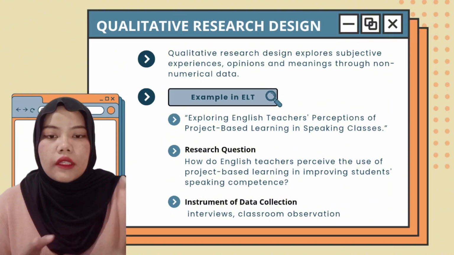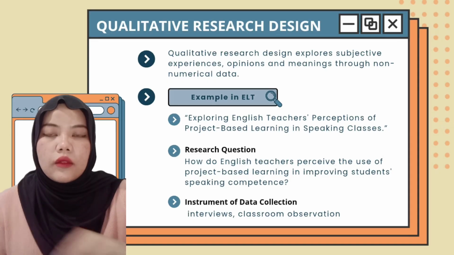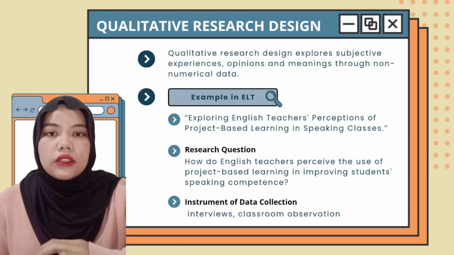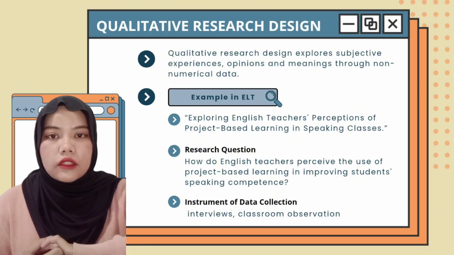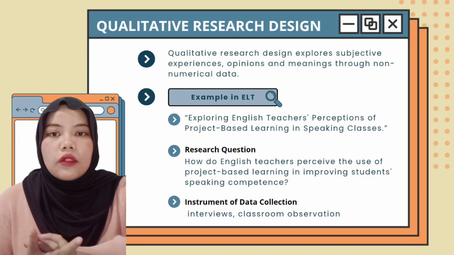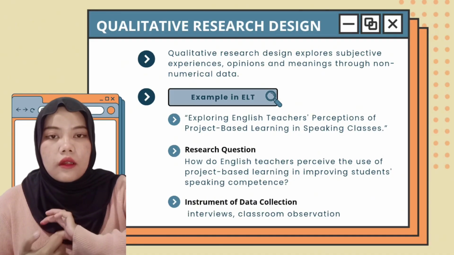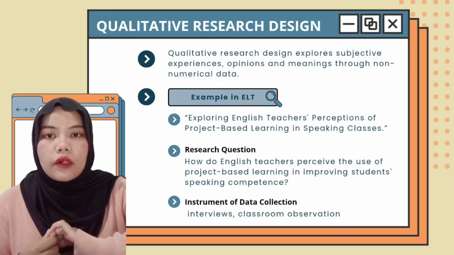The research question: how do English teachers perceive the use of project-based learning in improving student speaking competence? This question helps us understand teachers' viewpoints and how project-based learning is applied in real classrooms.